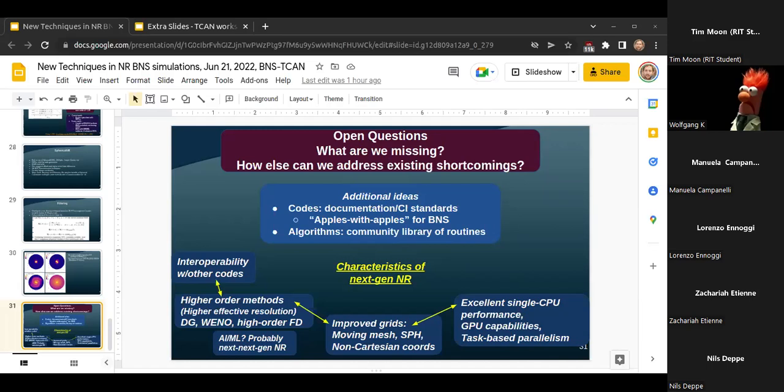It's more like a way of thinking, to have problems that are not just paper-based, but really more like as modularized as possible and as generic as possible. So if I would write a BNS initial data code, the first thing I would do is design a data format for this that is completely independent of how this initial data is actually solved. Things like that. It's basically just a way of thinking.